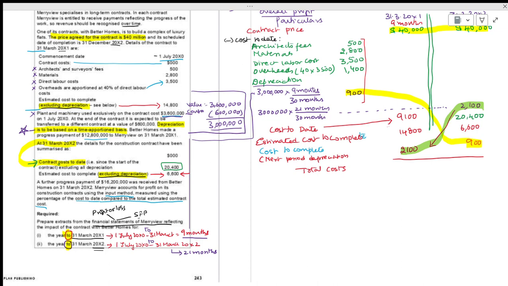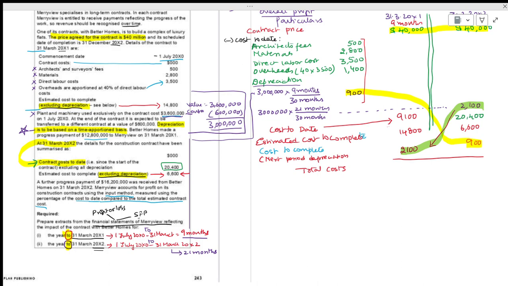Cost to complete, from here only, we have taken 14,800. Next year depreciation, if you complete the project, how much further depreciation is there? 2,100. Why are we taking 2,100? Here they have mentioned very clearly, cost to complete is excluding depreciation.